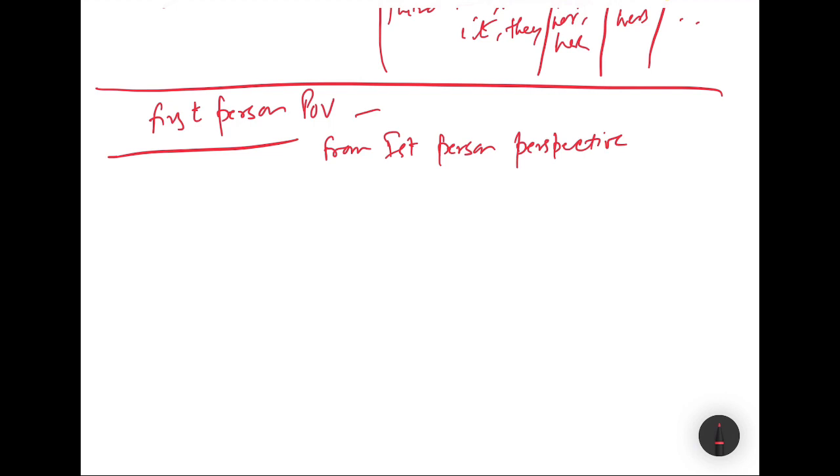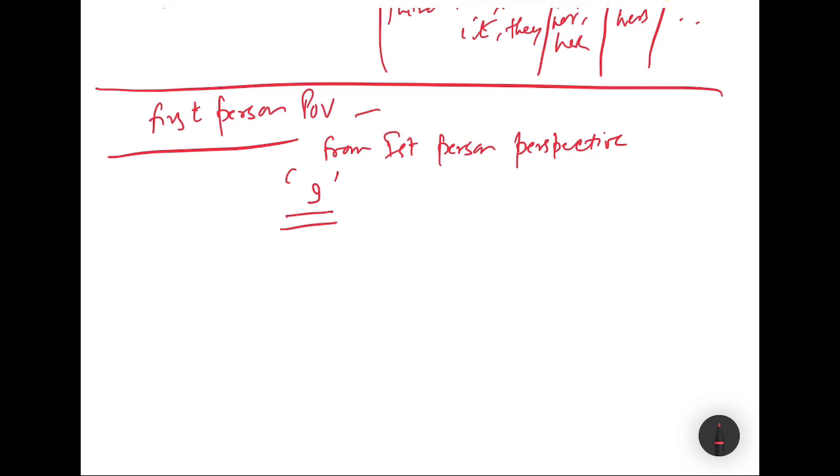The author here tells the story through a character who refers to herself or himself as I, because I have told you we'll have I here. And this person is generally a character in that particular work.